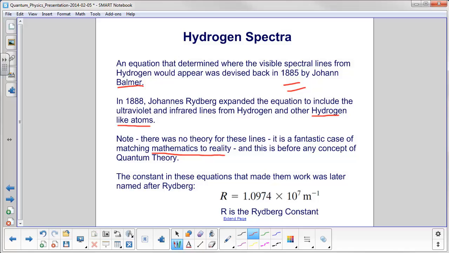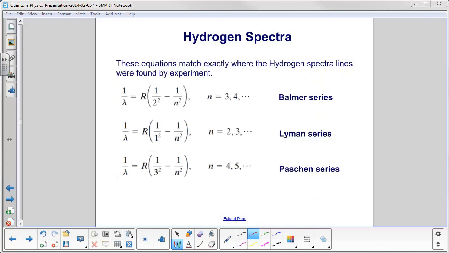The constant in these equations that made them work was later named after Rydberg, where R, the Rydberg constant, is 1.0974 times 10 to the 7th inverse meters. Here are the equations. And again, they match exactly where the hydrogen spectral lines were observed. They were named after the physicists and chemists who discovered them.